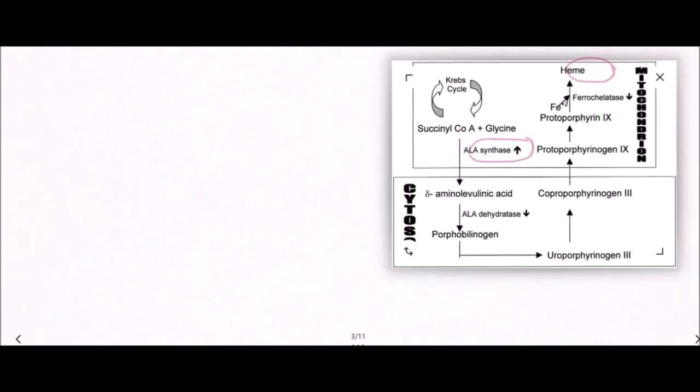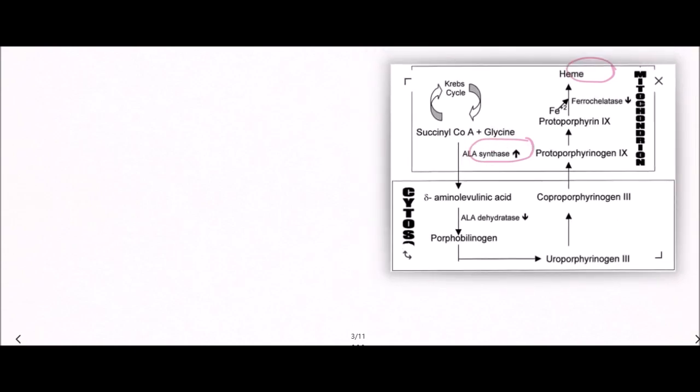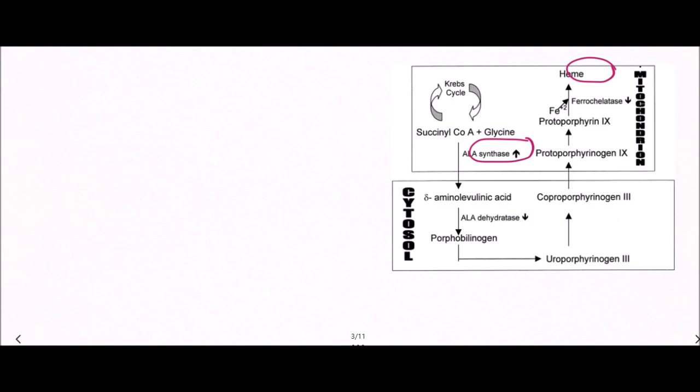This is converted into porphobilinogen by ALA dehydratase. Finally, heme is formed by conversion of protoporphyrin 9 into heme by the enzyme ferrochelatase. These two enzymes, ALA dehydratase and ferrochelatase, are inhibited by lead.